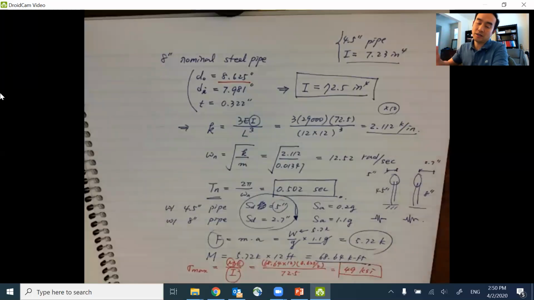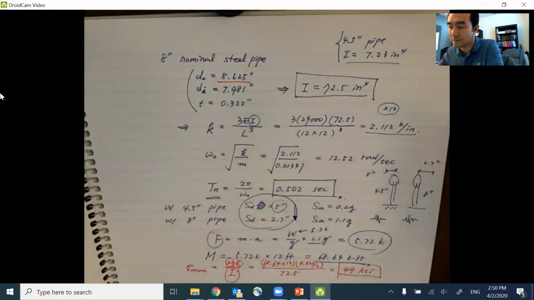It shows us a big and very important difference between static analysis and dynamic analysis. Earthquake excitation is a dynamic analysis, and it depends on the period of the structure, while static analysis does not depend on the period of the structure. In the static case, the stress would obviously decrease by increasing the member size, because when you have a stronger or stiffer member, that will decrease the response.